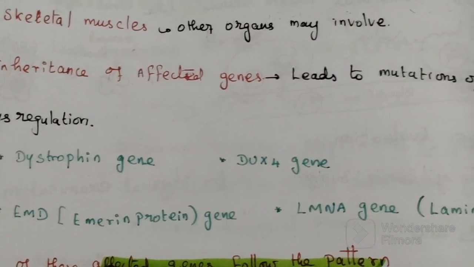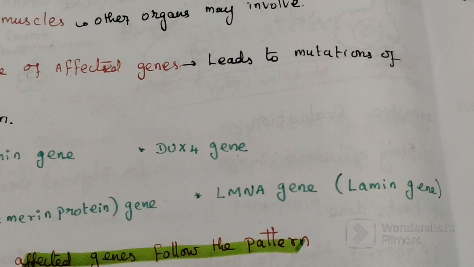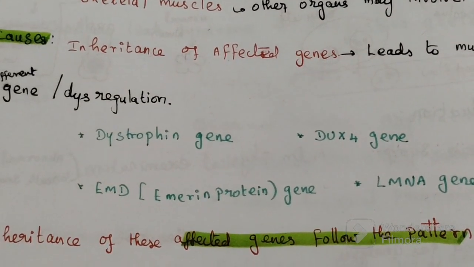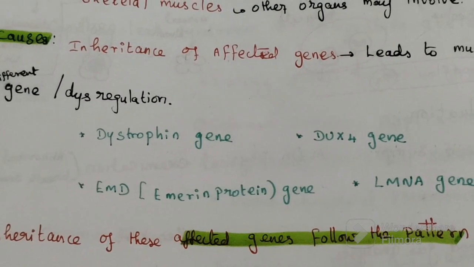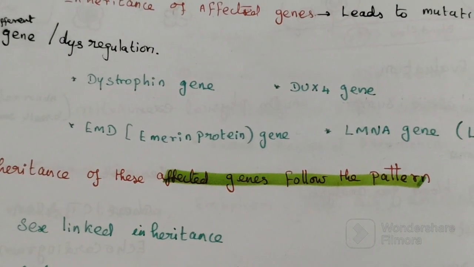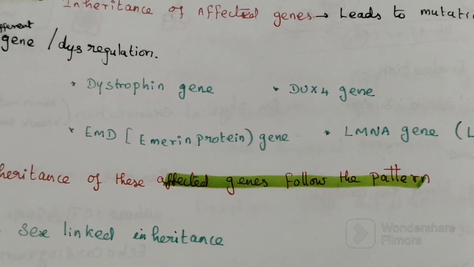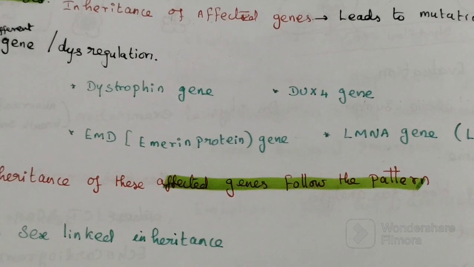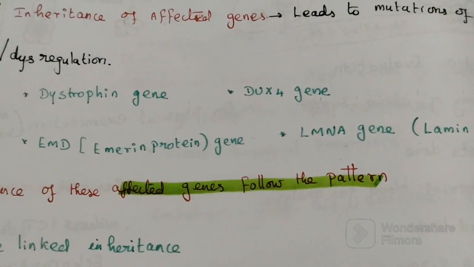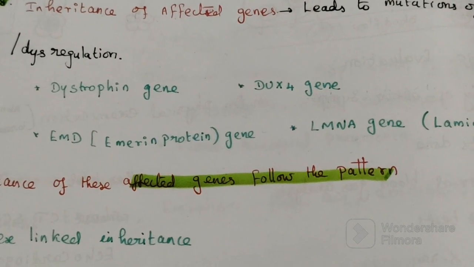It is due to inheritance of an affected gene that leads to mutation of different genes. What are the genes? Genes like the dystrophin gene, DUX4 gene, EMD gene, and LMNA gene.